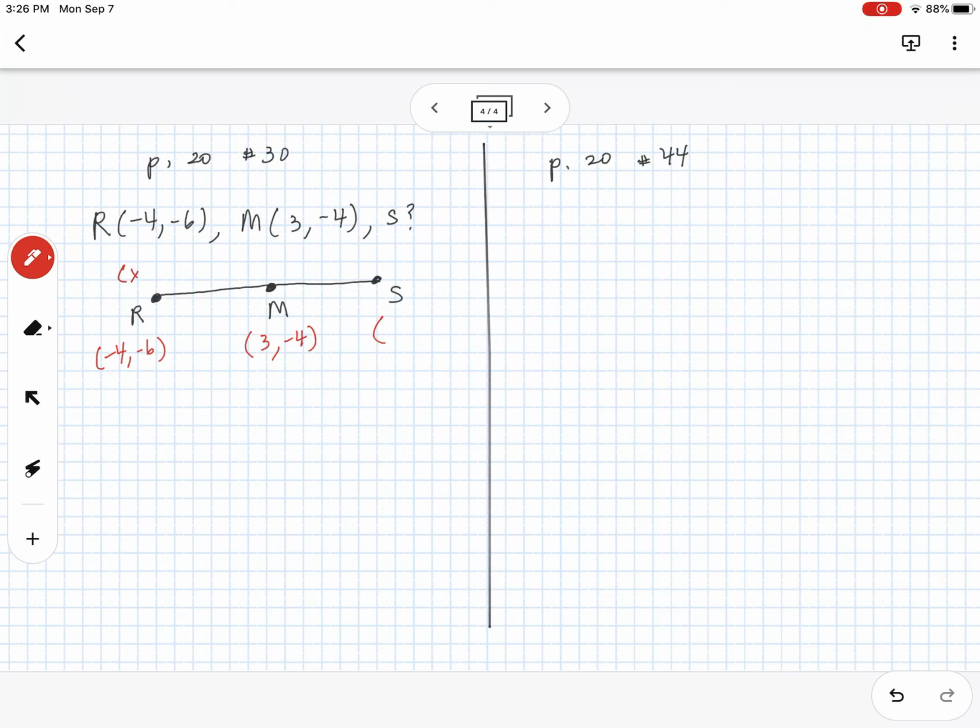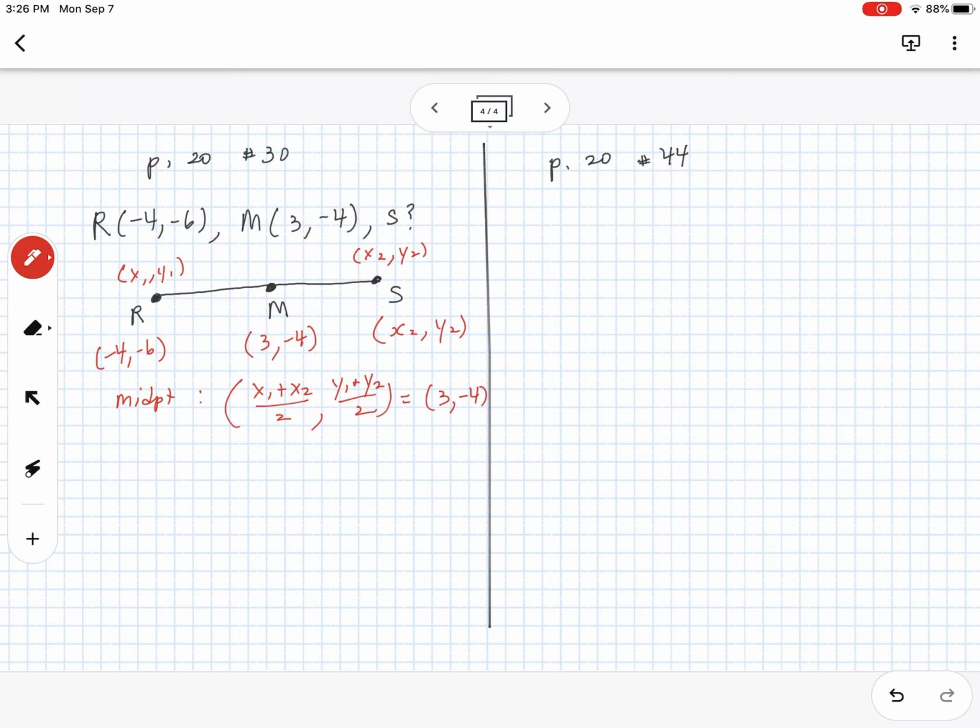And remember earlier we used the first term as x1, y1, and then the other term as x2, y2. So let's just keep this guy as x2, y2. And let's use our midpoint formula to solve this problem. So to find the midpoint, we know that x1 plus x2 over 2, comma y1 plus y2 over 2 has to equal the middle point, which in this case is 3 comma -4.